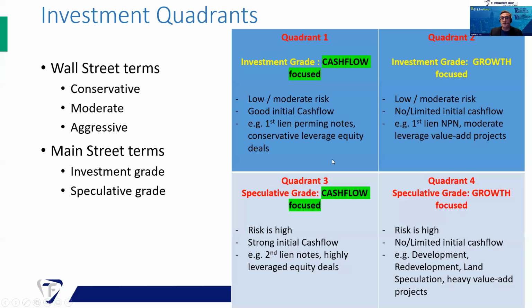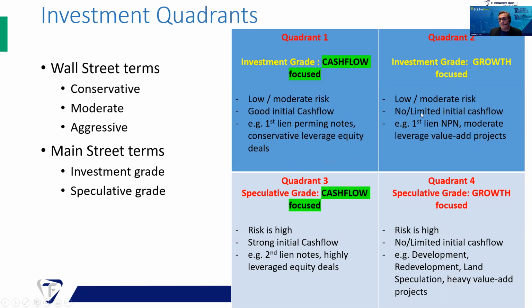So what do I mean conservatively leveraged? Typically, conservative leverage in today's market is 75% or less. Ideally 70 or below, but 75 is possible for some deals. So conservatively leveraged deals with good cash flow fall into that quadrant.